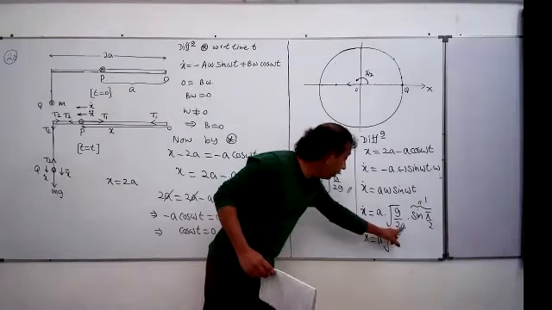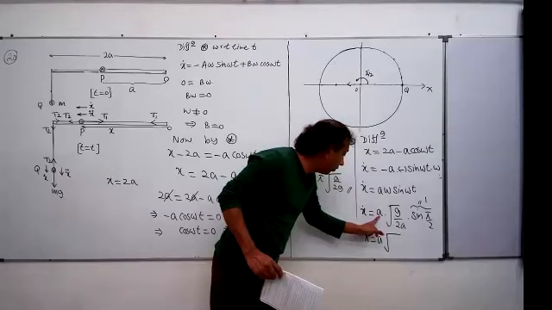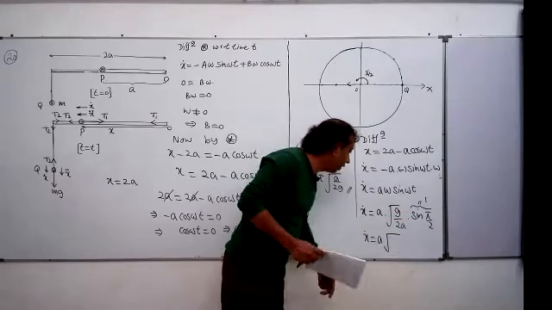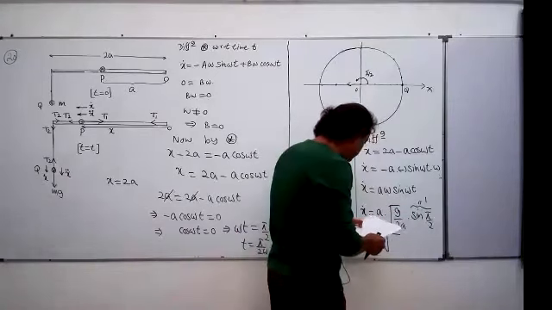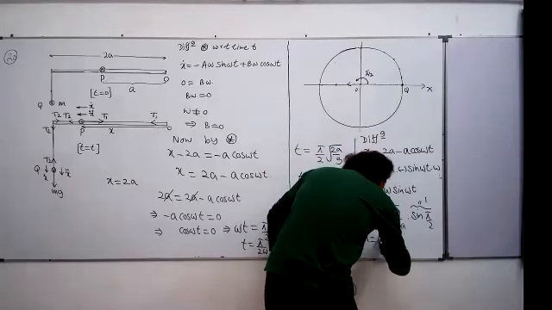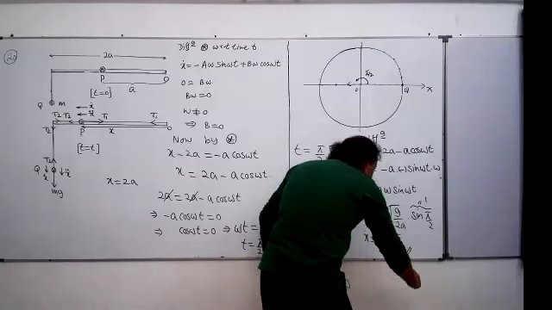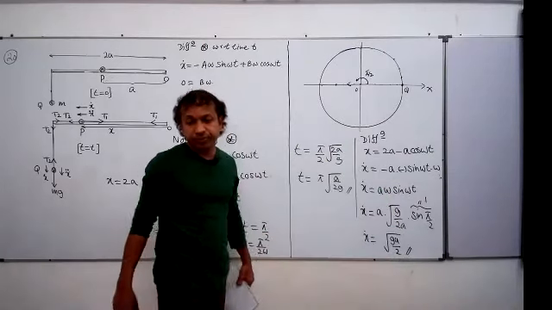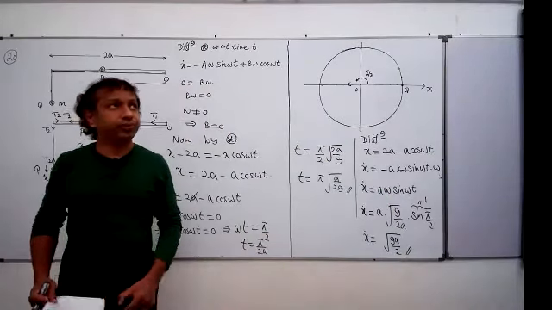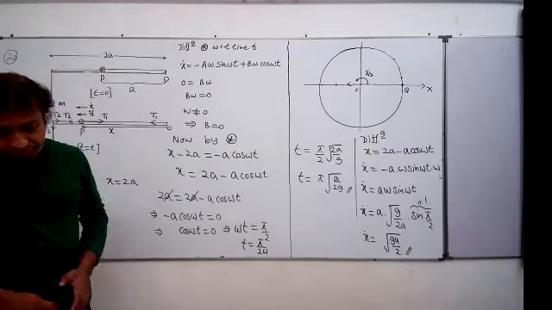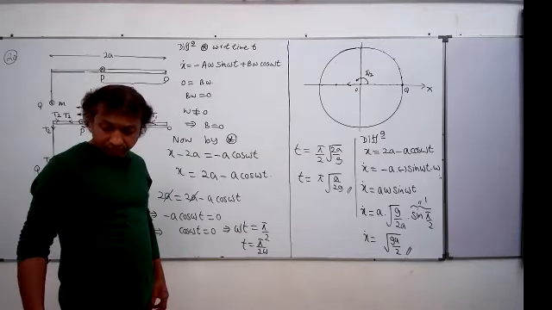This root a we can cancel with this a, and then we get root of g a by 2. The velocity is root of g a by 2. This is all, people.